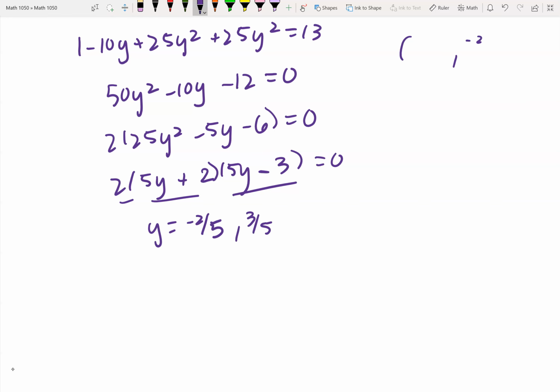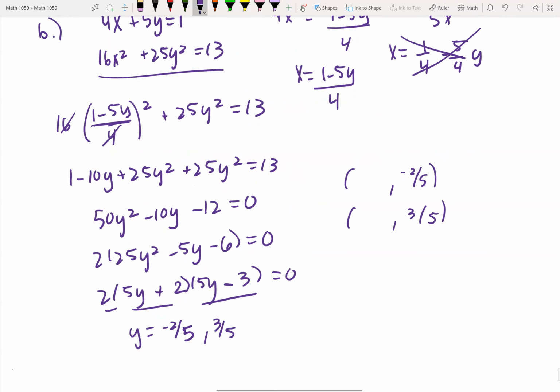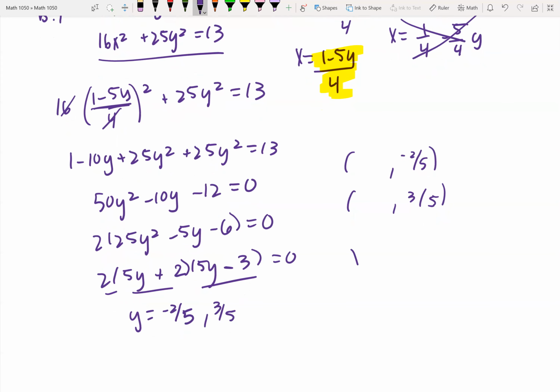So I'm going to come over here. I know I'm supposed to answer as an ordered pair. The nice thing is we used substitution, and so I'm going to come to this guy right here, and I'm going to find my x, and I'm actually just going to use my calculator. So I'm going to go x equals 1 minus 5 times y, which is a negative 2/5, all over 4. So grab your calculator and punch this in.